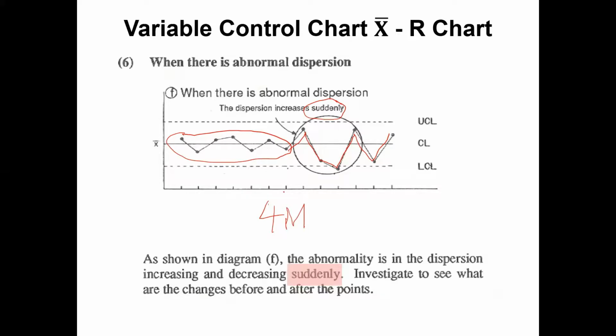All right. So that is what is proposed by Shewhart in terms of 6 rules or 6 guidelines that you can use to identify potential abnormality in the process. I don't know what you have in your mind.